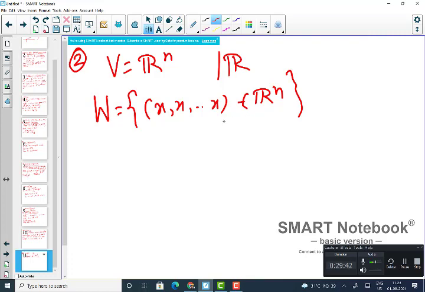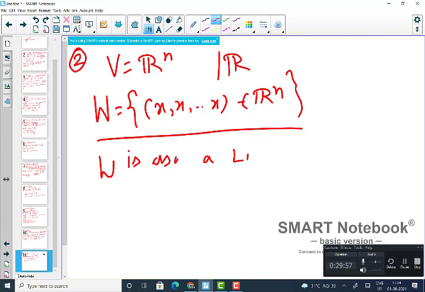So these are kind of diagonal elements. You check this is a normal set, and W is also a linear space over R. That is obvious to check. You can easily check that W is also a linear space.